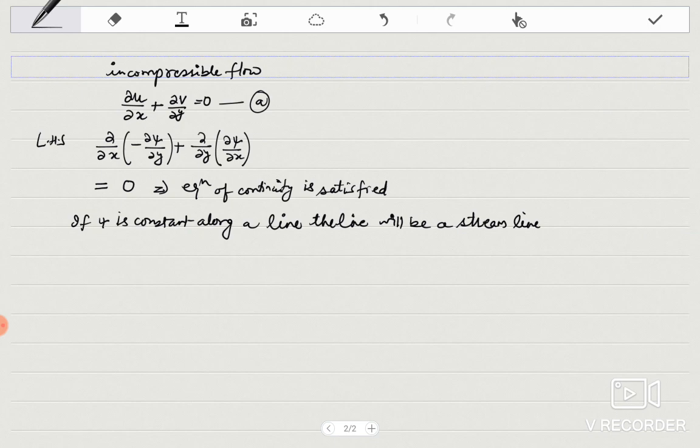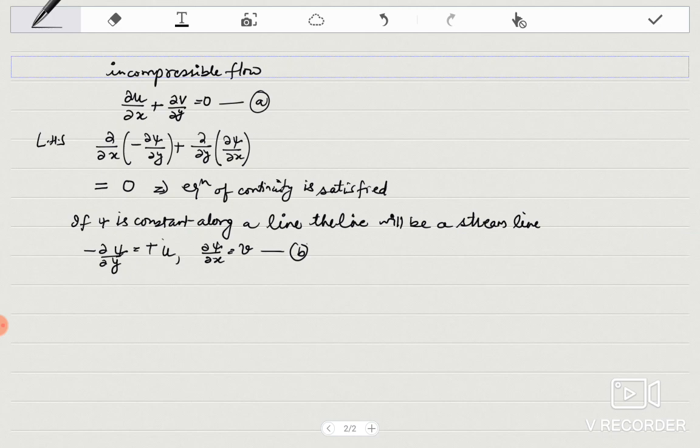As I have already introduced psi, minus delta psi delta y is equal to u, and delta psi delta x is equal to v. So we will use this relation.